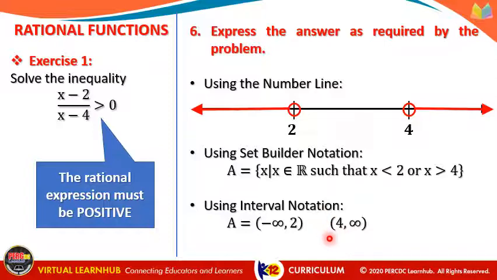Lastly, paano mo pagsasamahin ang dalawang to? Gamit lang tayo ng union to combine our two sets. Okay, so ito na po ang mga sagot natin in terms of the number line, in terms of set builder notation, and in terms of the interval notation.